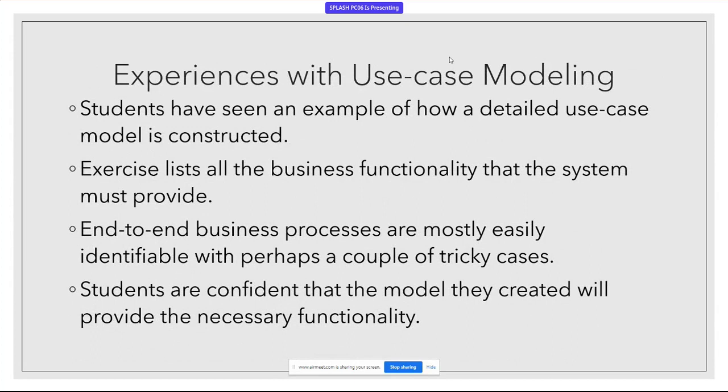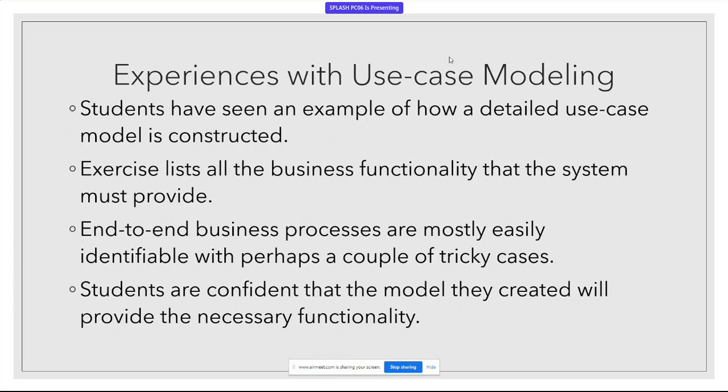So we used an example of a simple library system to teach the use case modeling process. And we have a bunch of requirements that make sense to most students, and they are fairly straightforward, but there may be a couple of tricky business processes that they encounter.